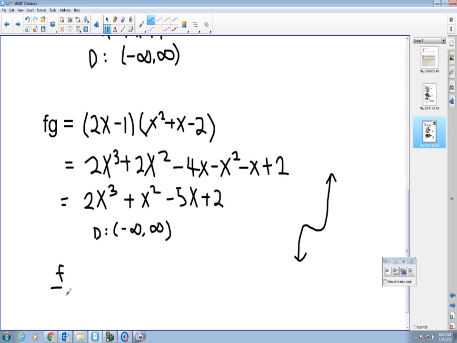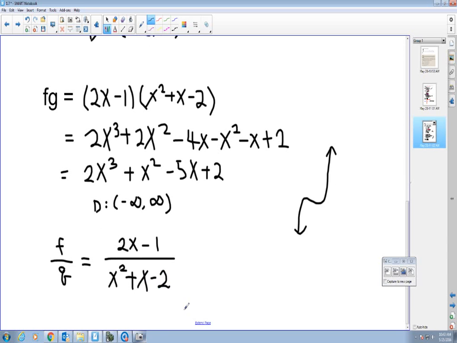Now division, let's see. If I write this out for the dividing of the two functions, 2x minus 1 over x squared plus x minus 2. Alright, so this is going to be a rational function.